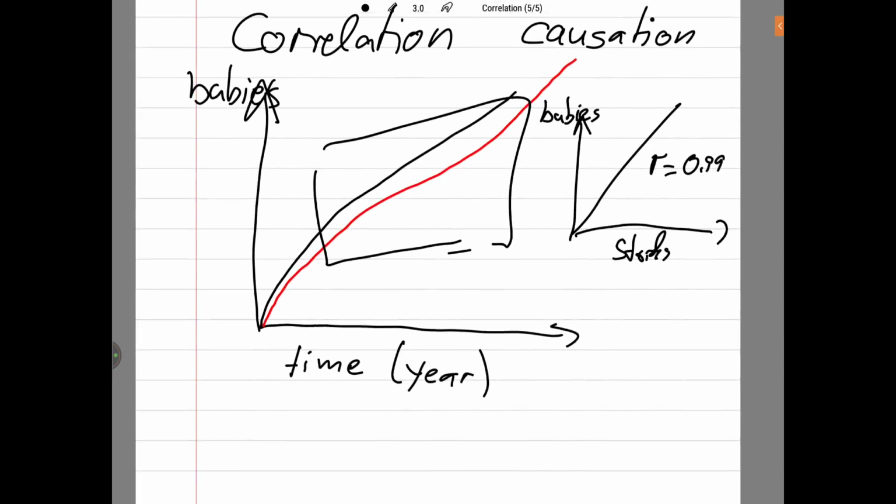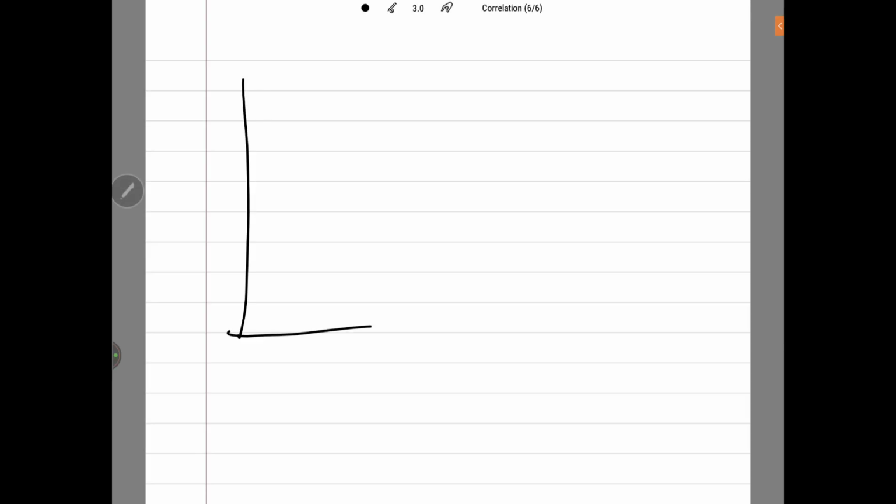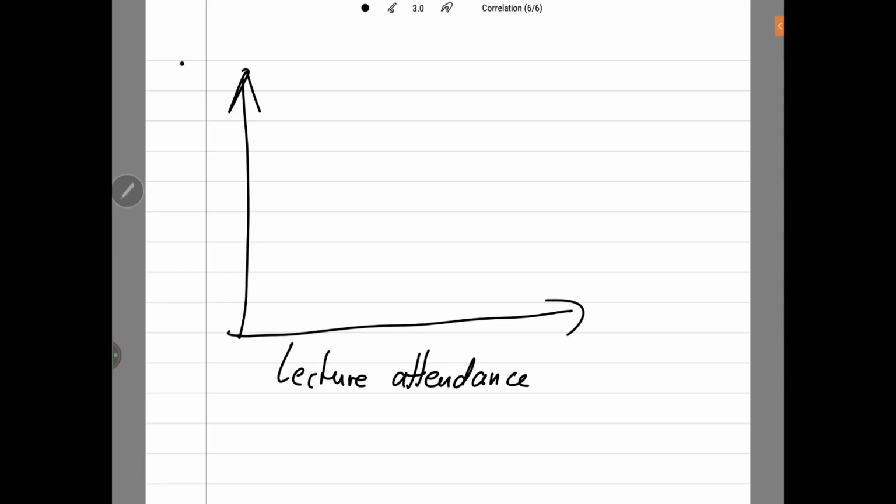Here's another example for you. You have probably encountered that in one of your induction talks. Lecture attendance versus grades.